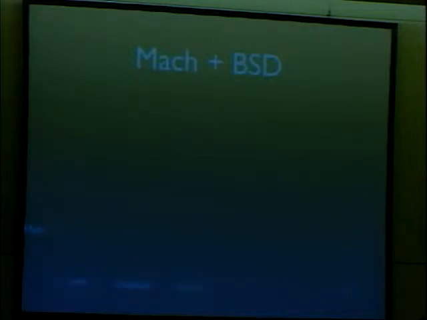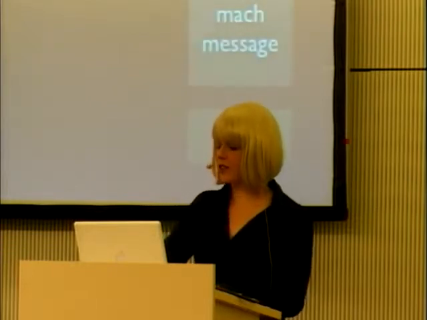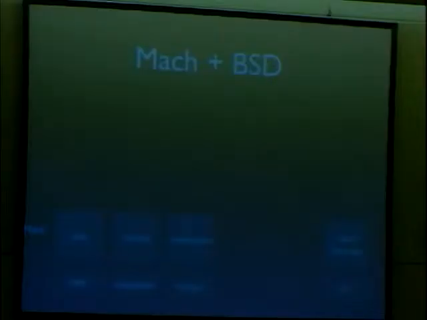Now, let's look at how BSD interacts with Mach. Like we said, Mach consists of the components memory manager, scheduler, and the interrupt or exception handler for low-level hardware management. These components use the concepts of Mach task, Mach thread, Mach exceptions, and Mach message.